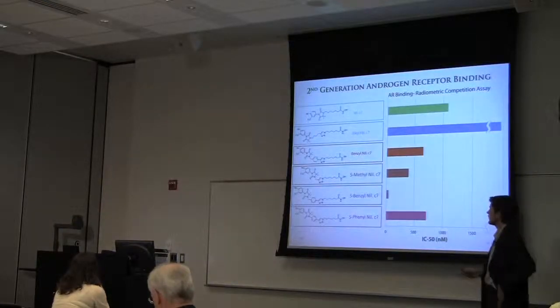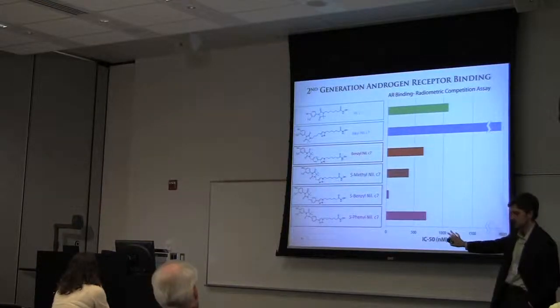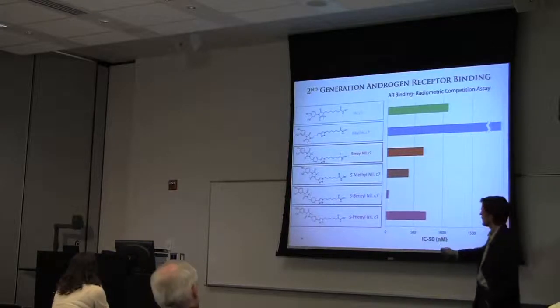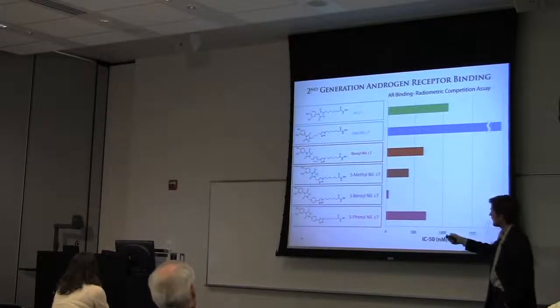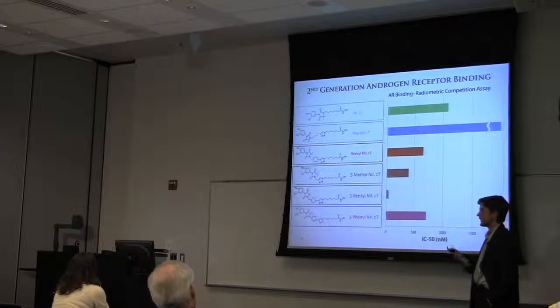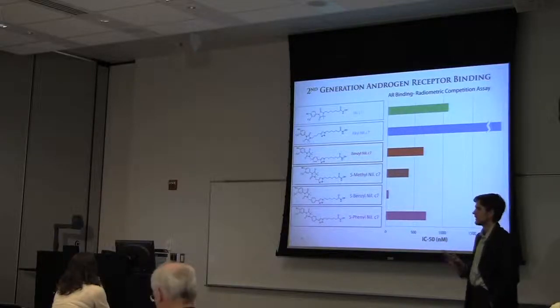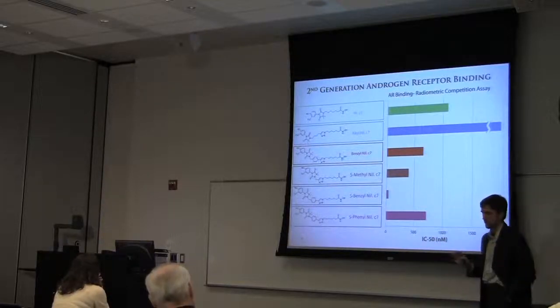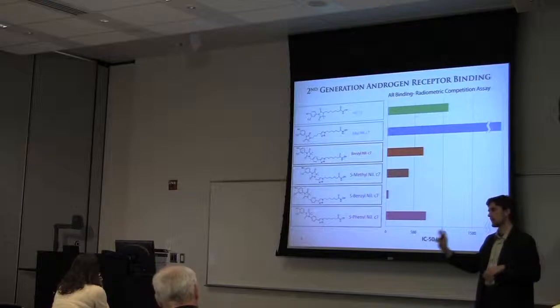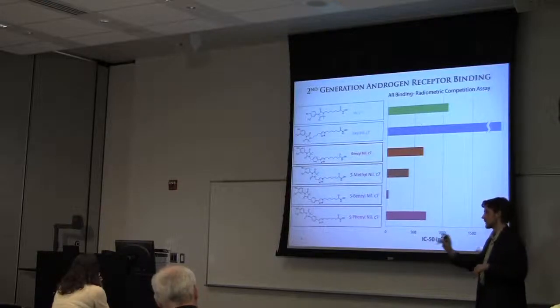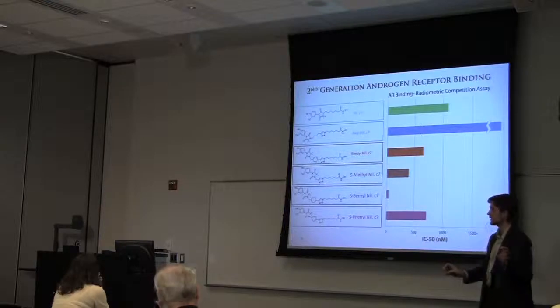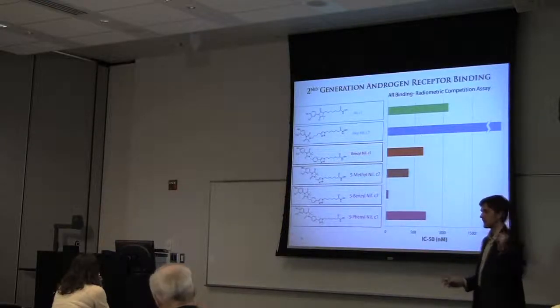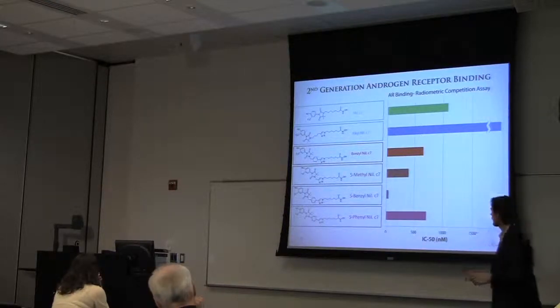So we've done a series of screening. This is a second generation set of molecules where we varied the head group. We first did some experiments where we changed the head group a little bit, but mostly changed the linker length to optimize its binding to both of its targets, right? It's binding the androgen receptor in order to target prostate cancer, but also binding histone deacetylase to actually give it its punch.